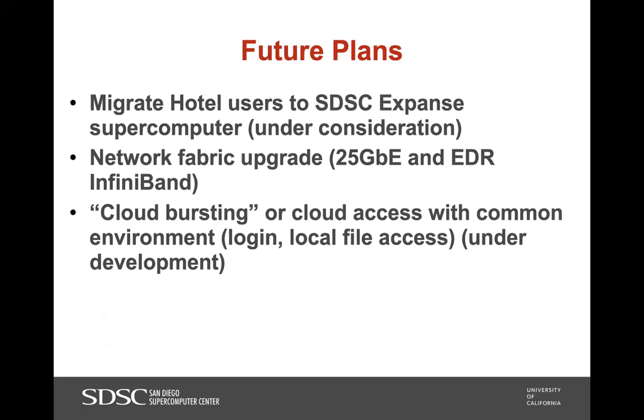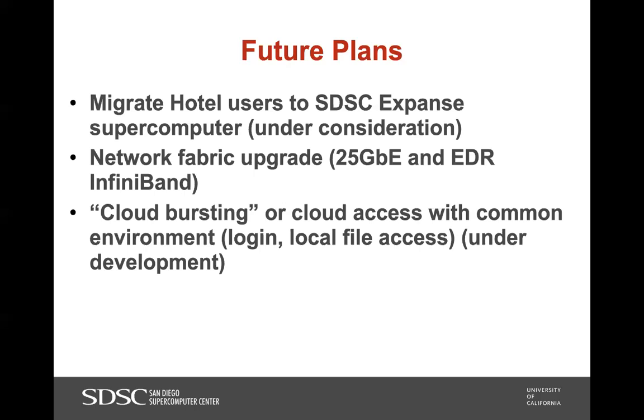The future plan for TSCC is that we are thinking about migrating the hotel users to another cluster here called Expanse, which is a brand new cluster that started at the end of last year. One of the reasons is that they have a better pricing model. Again, this is under consideration, and we have discussed this with all our current users.